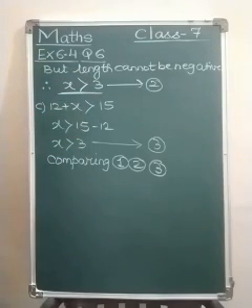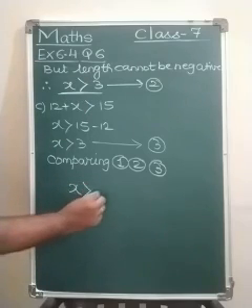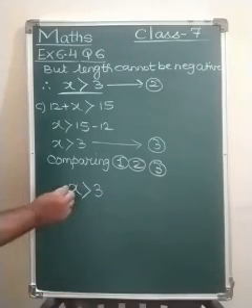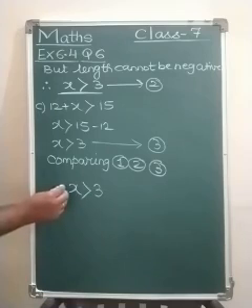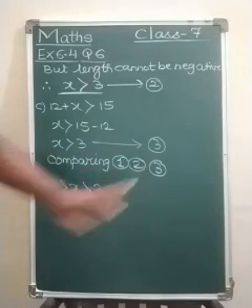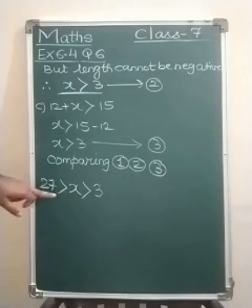So we come to a conclusion that x should be greater than 3 and x should be less than 27. So on comparing 1, 2 and 3, x should be greater than 3 but x should be less than 27.